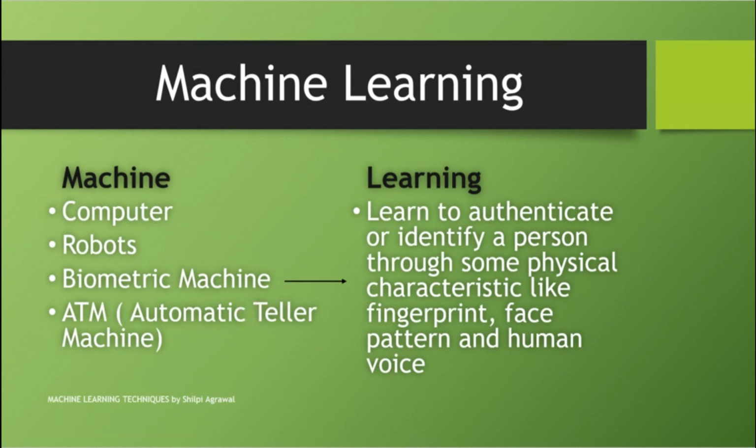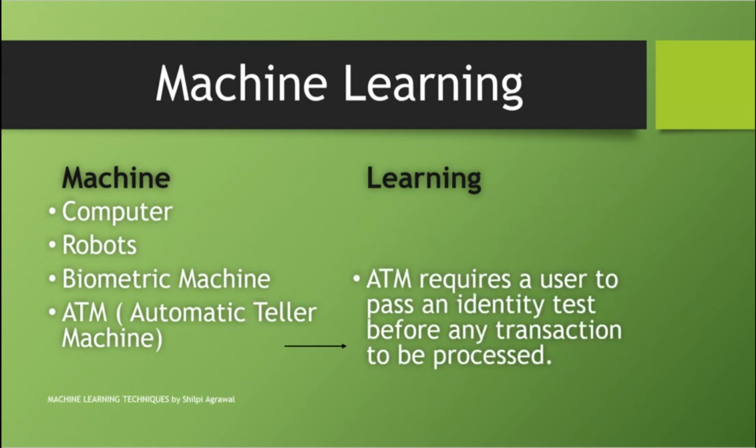Next one is ATM. ATM is an automatic teller machine. So ATM requires a user to pass an identity test before any transaction is processed. It means if you want to do a transaction at an ATM, prove your identity that you are a valid user who uses that particular ATM.